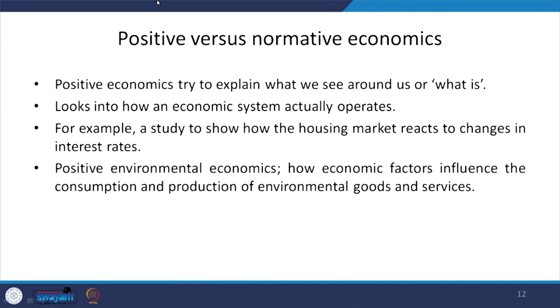So, we should also study environmental economics to know how different kinds of policies can have an impact on different indicators of environmental protection. And finally, you can also study environmental economics to understand the social cost and benefits of various development projects. When we start any development project, its benefits may be received by one section of society, and the cost may be borne by another section of society.